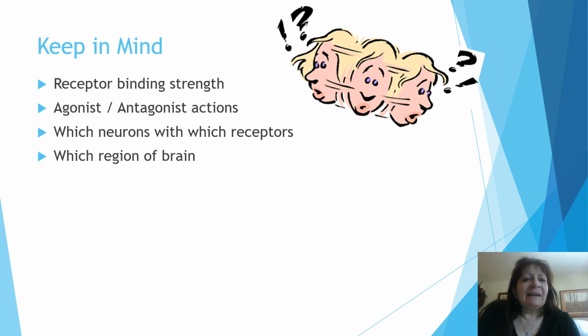Things to keep in mind as we're going along are the receptor binding strength, whether the actions are agonist or antagonist, which neurons bind with which receptors, and what region of the brain we are talking about.